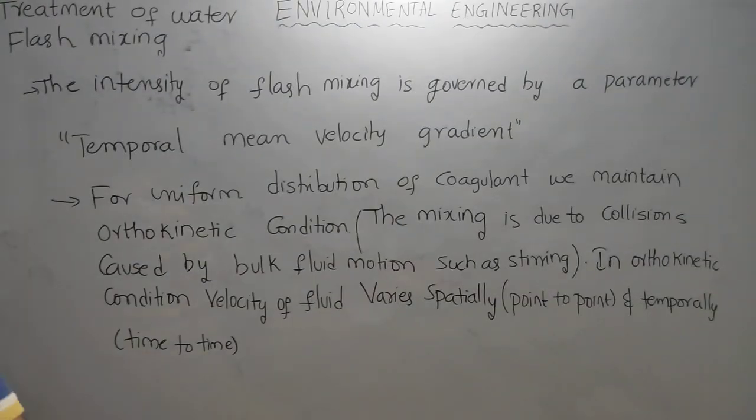Now that is why at any instant of time, the ratio of relative velocity between two particles situated at a particular distance x, to that distance, is nothing but temporal mean velocity gradient.